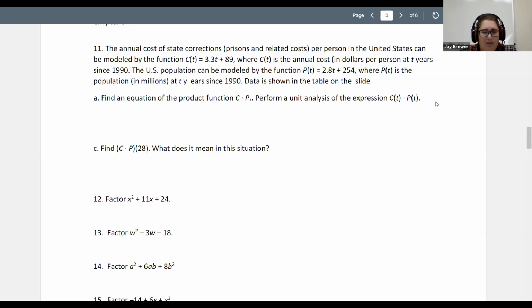So I think all I did for the unit analysis there is I stated that we are comparing cost model versus fit of population. I think that's all I wrote there for the analysis part.